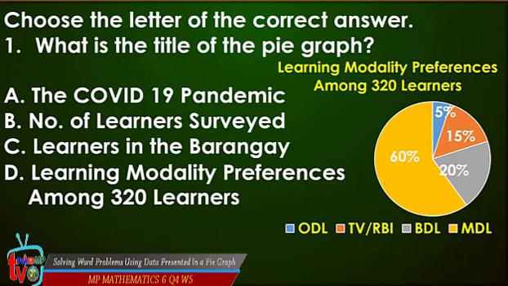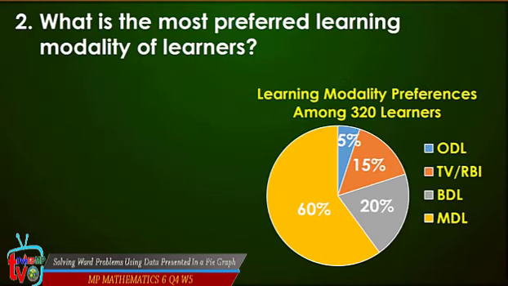A. The COVID-19 pandemic. B. Number of learners surveyed. C. Learners in the barangay. D. Learning modality preferences among 320 learners. Number 2.